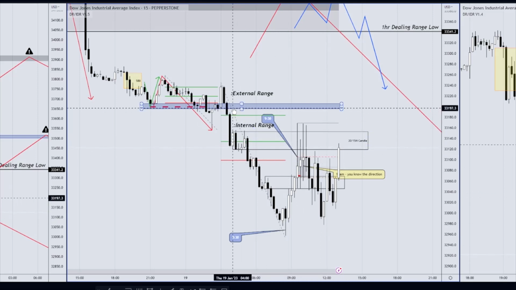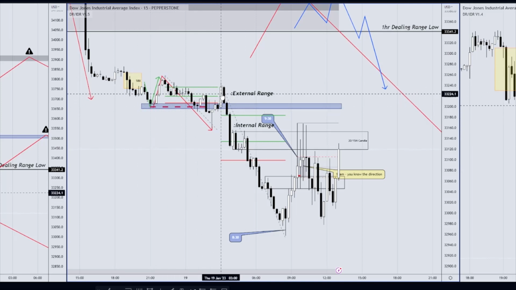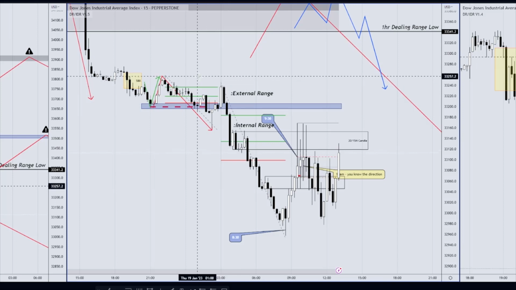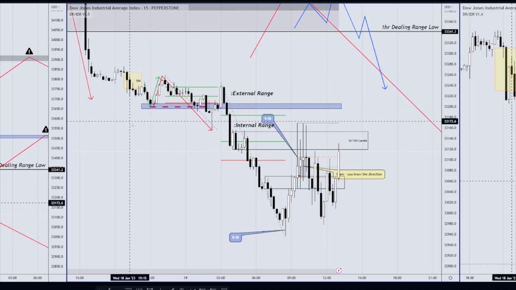The other thing I want to bring into attention, because I'm going to backtest this over the weekend, is this area at the top where I've marked out as external range. There's something very specific about it, and I didn't twig until about 5 minutes ago, and I had a quick look backwards through areas that I have marked already, and this is the Asian range.